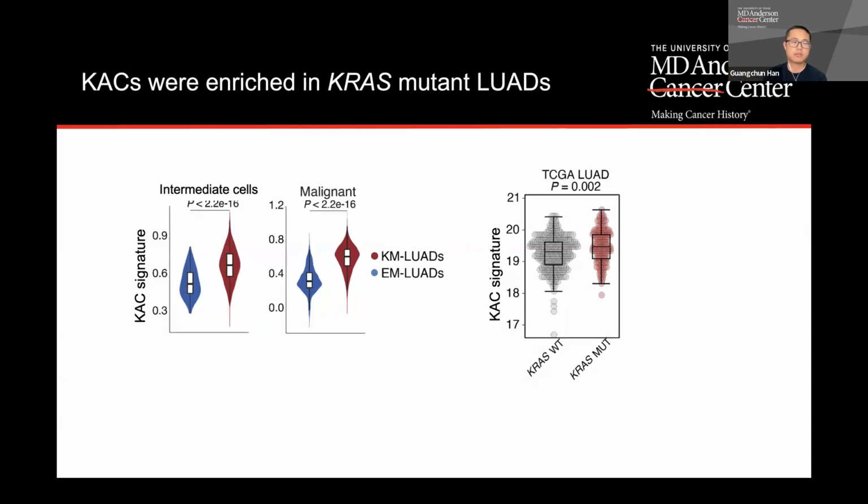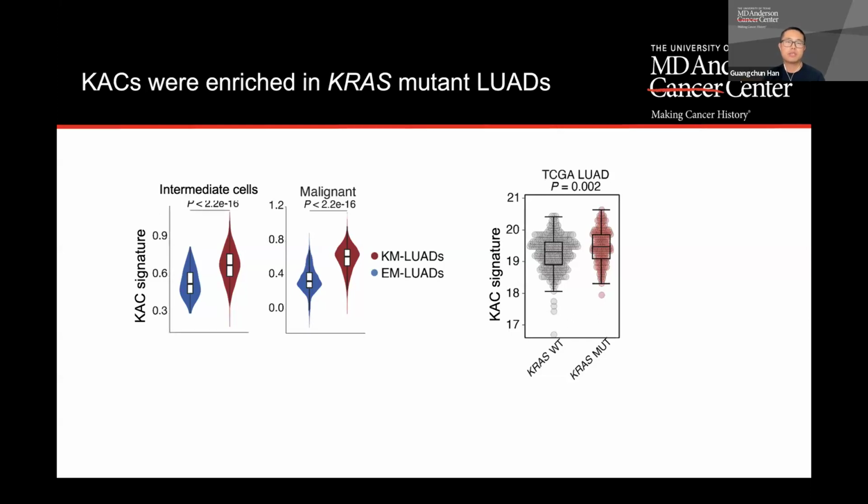We can compare the CAC cell signature score between KRAS mutant malignant cells and KRAS wild-type malignant cells. Here, the wild-type group means EGFR mutant ones, because this one has the largest sample size we can use. You will see the malignant cells coming from KRAS mutant ones are showing increased CAC signature, indicating a strong correlation between CAC cells and KRAS mutant lung adenocarcinoma.